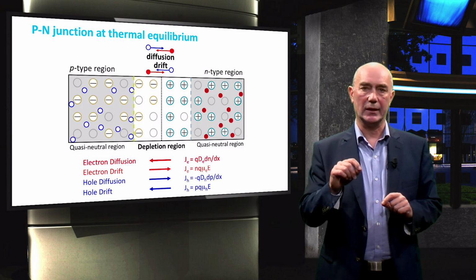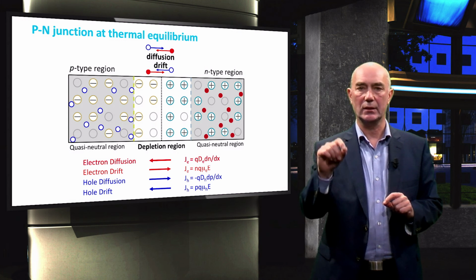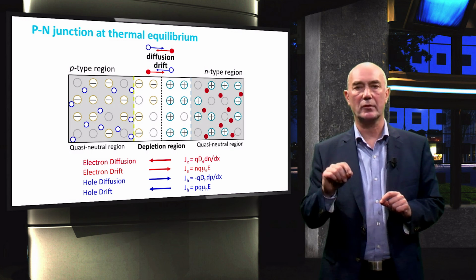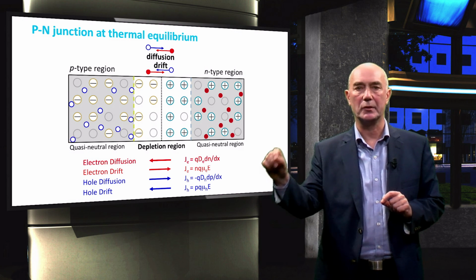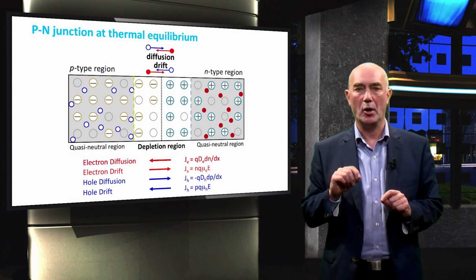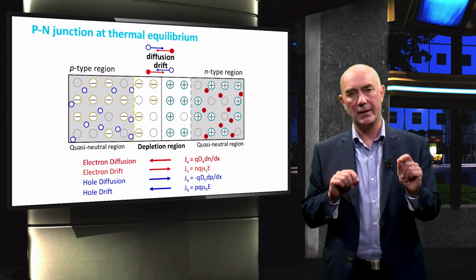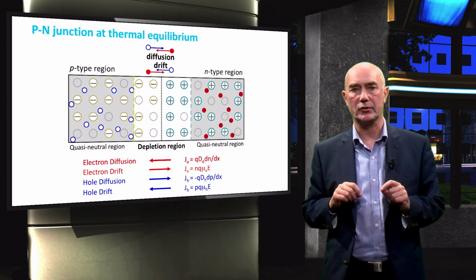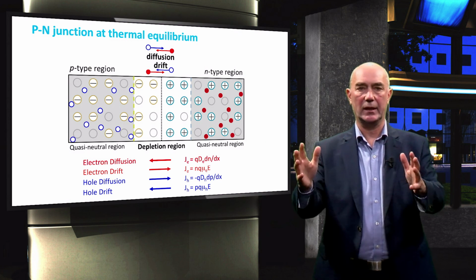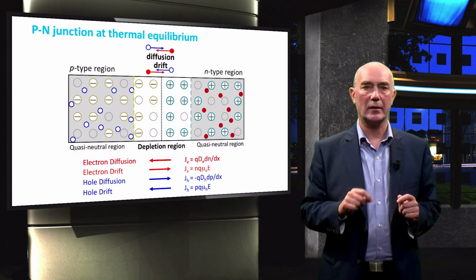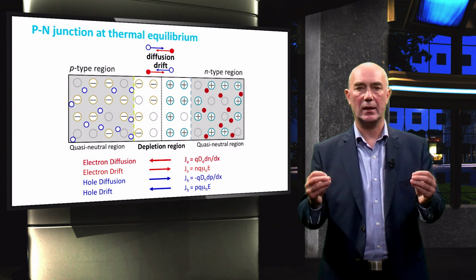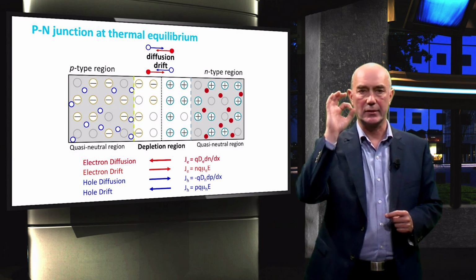Due to the internal electric field in the depletion region, we have drift of electrons from the P-type region to the N-type region, and holes drift from the N-type in the opposite direction. At thermal equilibrium, diffusion current is compensated by the drift current, so the net current is zero.